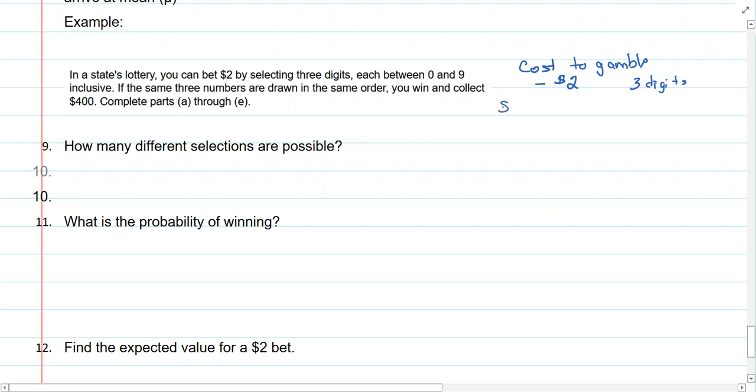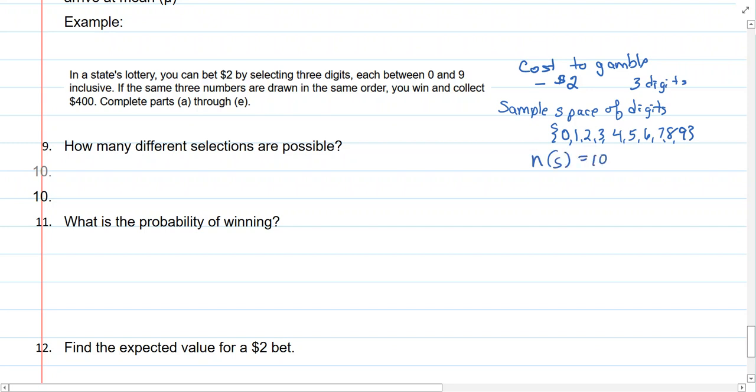Our sample space of digits alone is the set 0, 1, 2, 3, 4, 5, 6, 7, 8, and 9. And if we did the cardinality of our sample space, we'd have 10 digits.